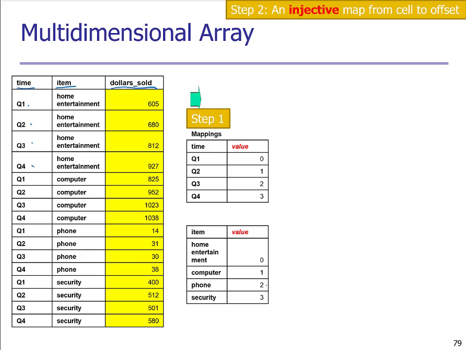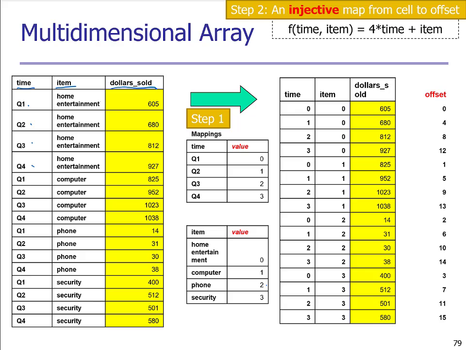This is the first step, and then we can have a table like this. Instead of using the specific values of Q1, Q2, and so on, we use integers here. The dollar sold remains the same.